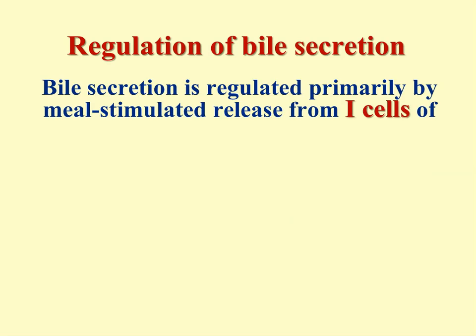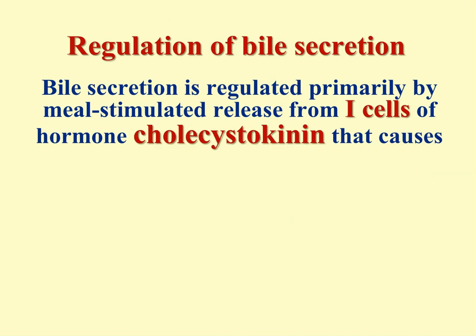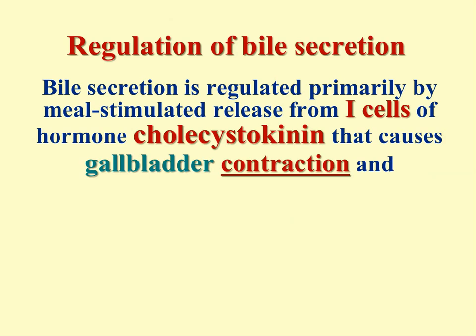Regulation of bile secretion. Primary bile secretion is regulated by the cholecystokinin hormone that is released from I cells. So, mainly bile is produced when chyme already appears in the duodenum, where I cells are present, and when this chyme contains enough fat. Cholecystokinin has a direct effect on the gallbladder.